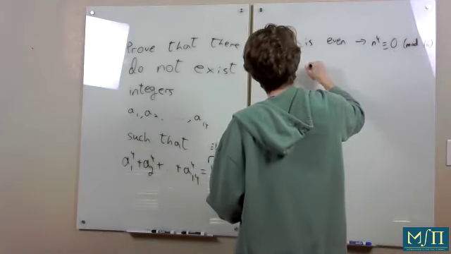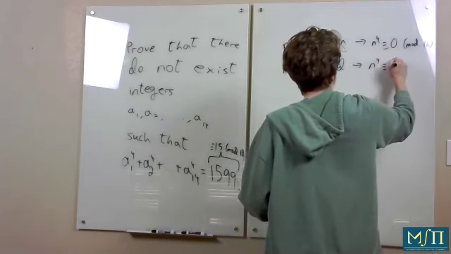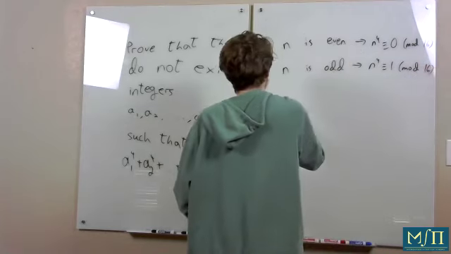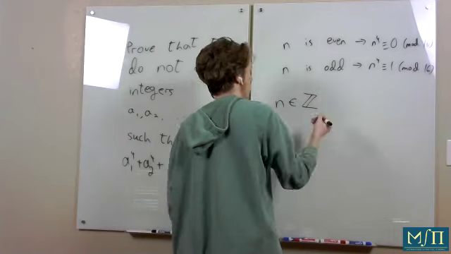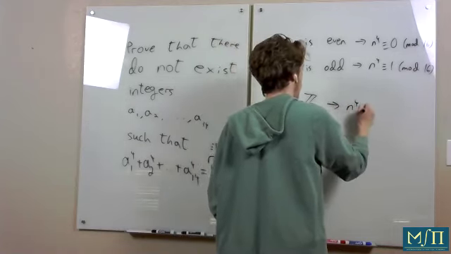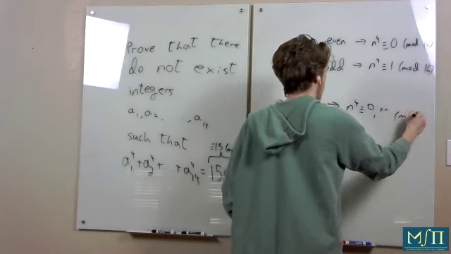If n is odd, its fourth power is 1 mod 16. Meaning, any integer n, any n that's an element of the set of all integers, has its fourth power 0 or 1 mod 16.